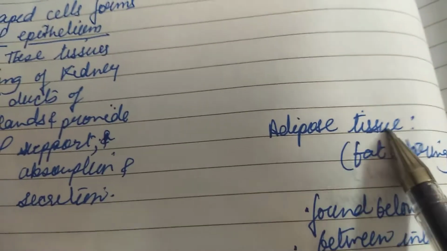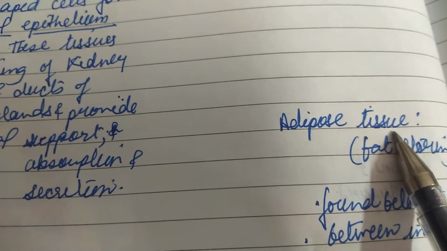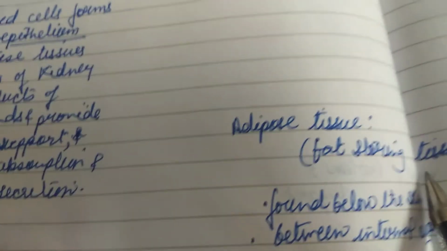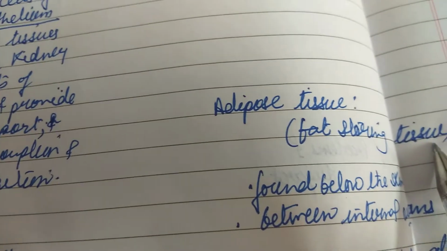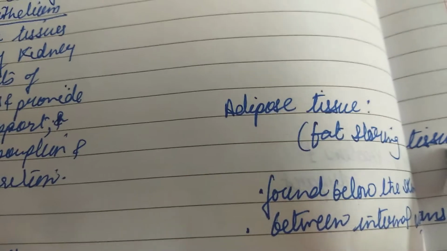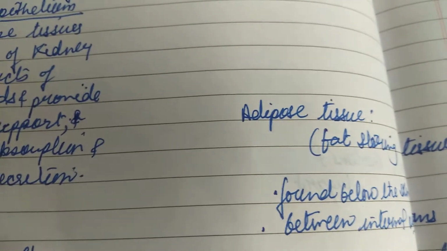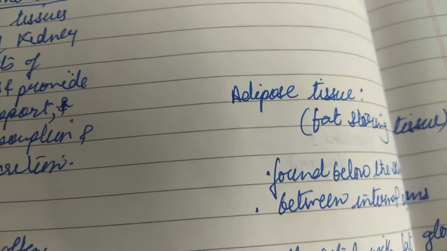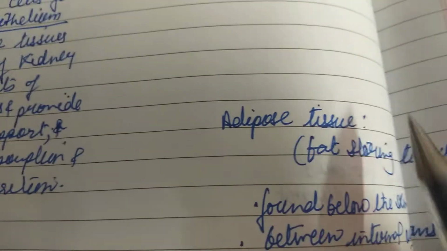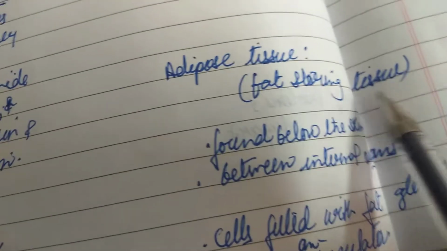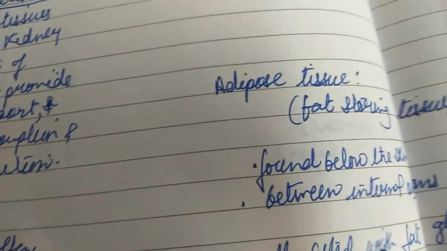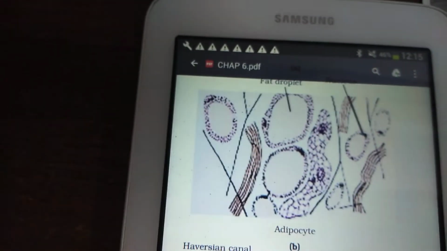And the last connective tissue is adipose tissue. We also call them fat storing tissues, because again their cells are arranged in a matrix, and the cells are loosely arranged. As the name suggests, fat storing tissue, they must have something to store. So they have fat droplets in them.